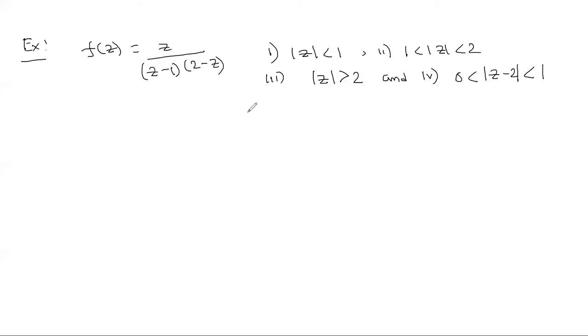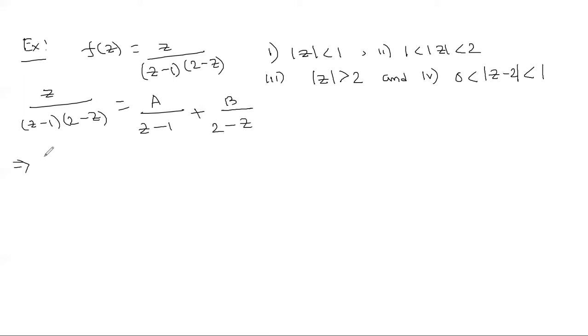So first our task is to simplify f(z). So here you can see (z minus 1)(2 minus z) can be written as partial fractions.